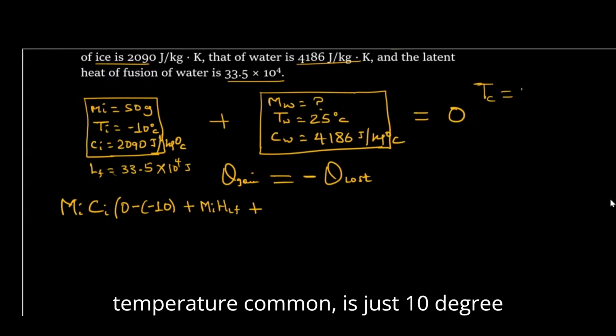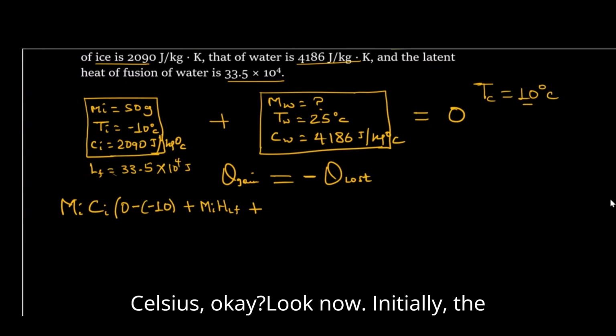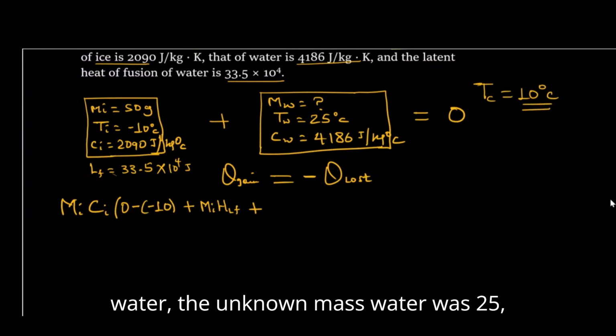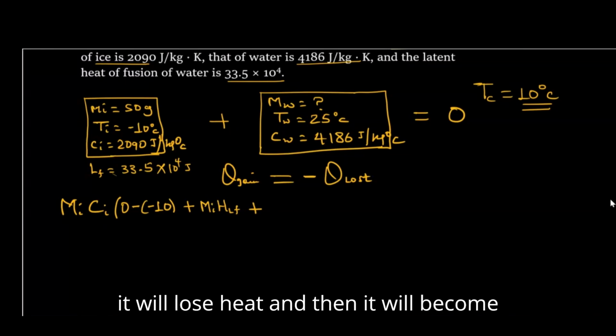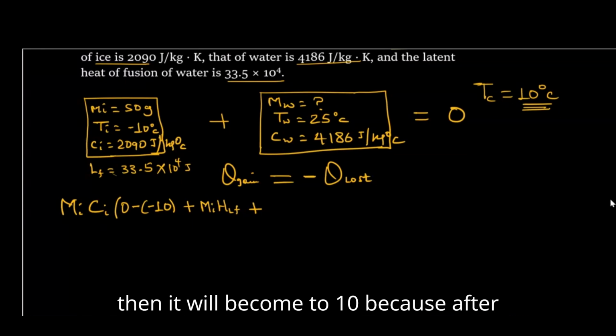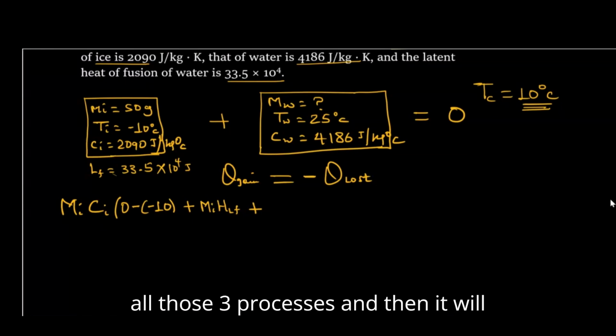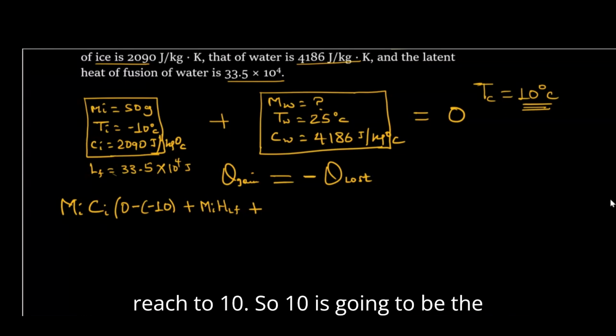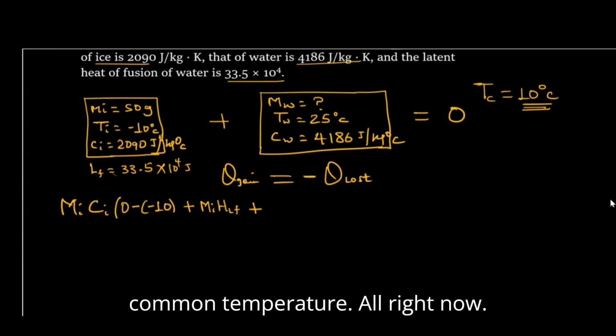We can call it the common temperature. Look now, initially the unknown mass of water was at 25, it will lose heat and become 10, and the ice was at negative 10 and it will become 10, after those three processes. So 10 is going to be the common temperature.